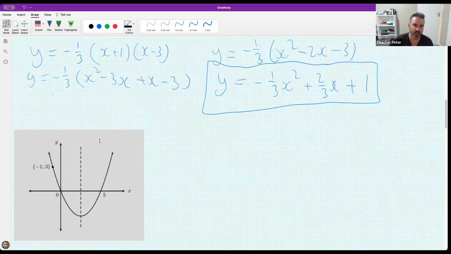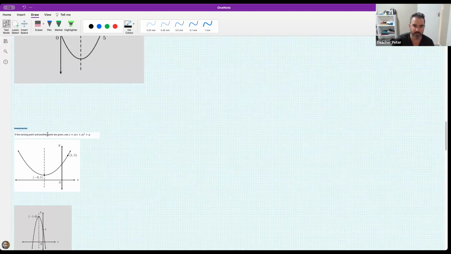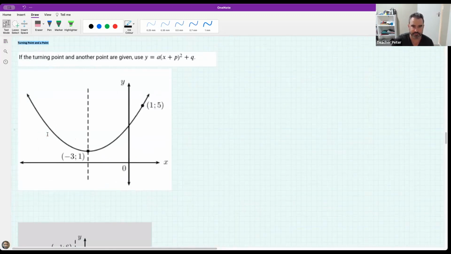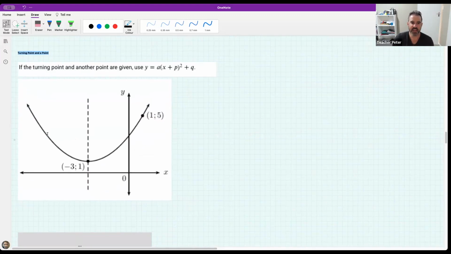Now, I want to give you a different type of question for the second half. This type of question is a little bit different because it says, if the turning point and another point are given, use this format. Before you were given 2 x-intercepts and another point, but here the graph doesn't cut the x-axis, so there are no x-intercepts.